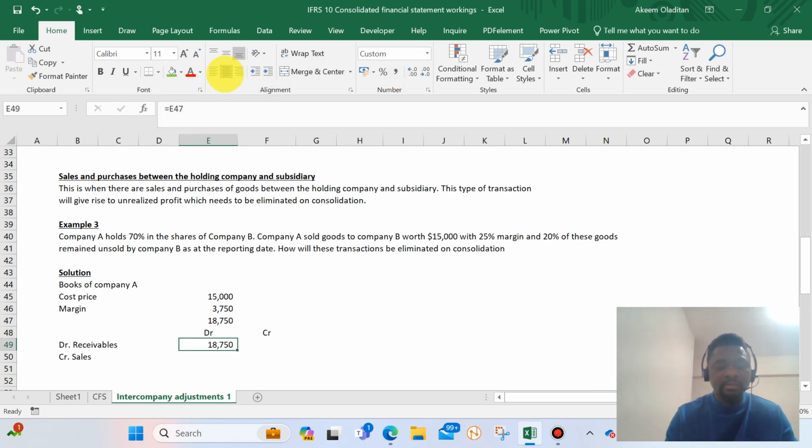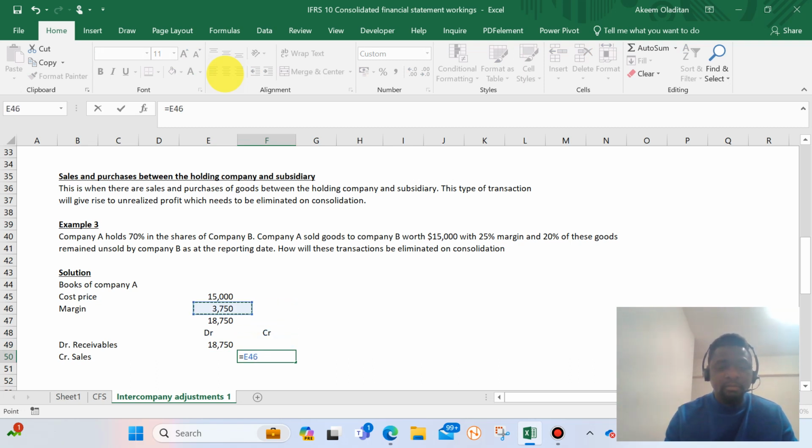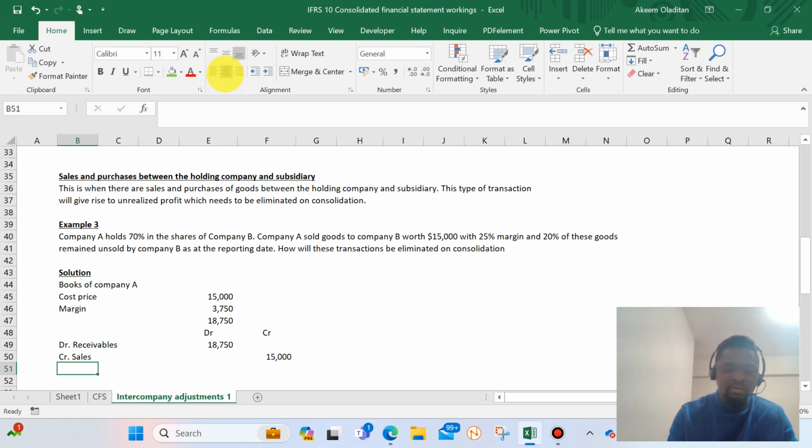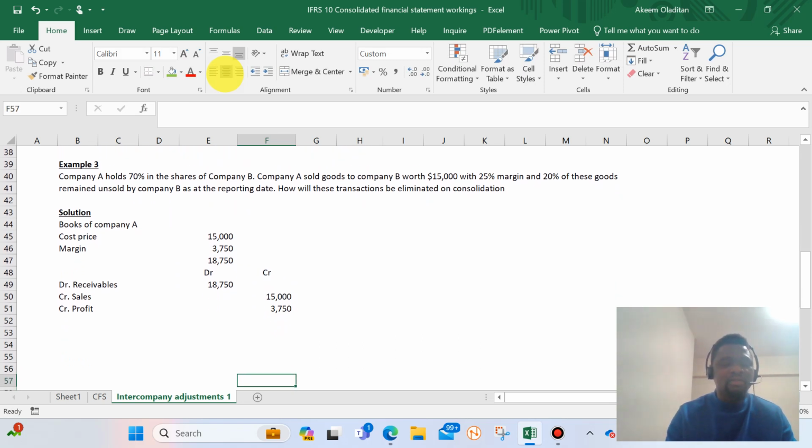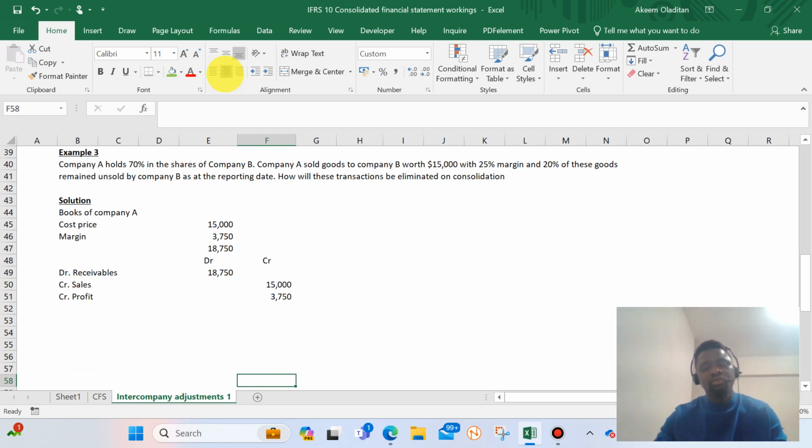So let me separate the cost and the profit. Credit, profit. Because I want to show that profit separately, so that when we are going down the line, you'll be able to understand why we are posting some transactions. So this is the books of Company A.